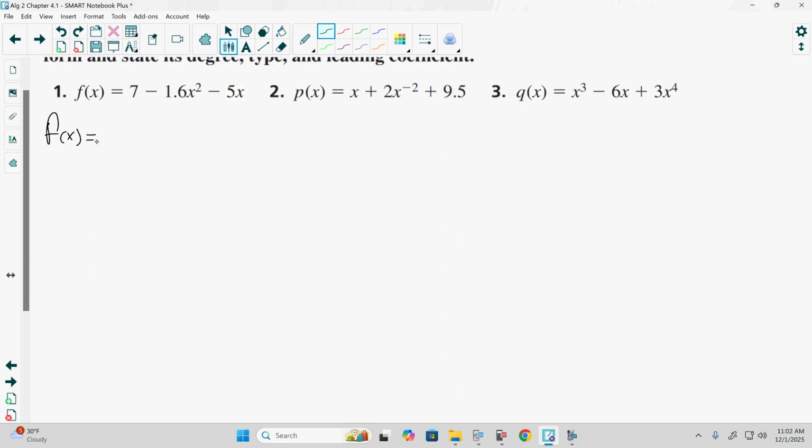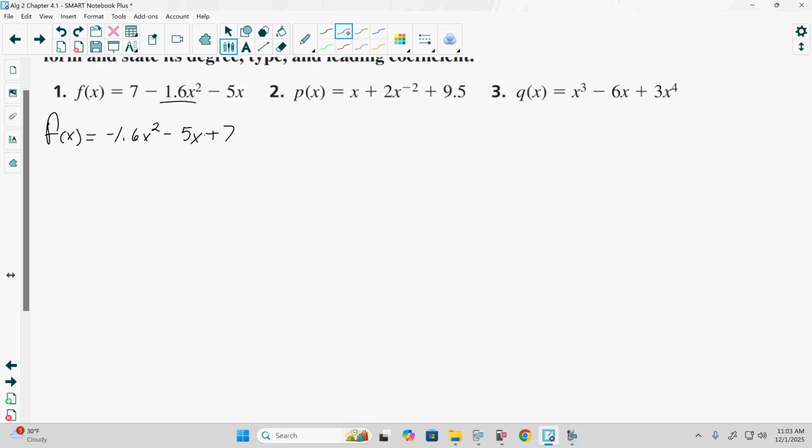So the first thing we want to do is make sure it's written in standard form. So the first variable we should have is what? Yes, negative 1.6x squared, our x squared term. Then we would have negative 5x plus 7. Because the x squared term would go first, then x, and then our constant term.